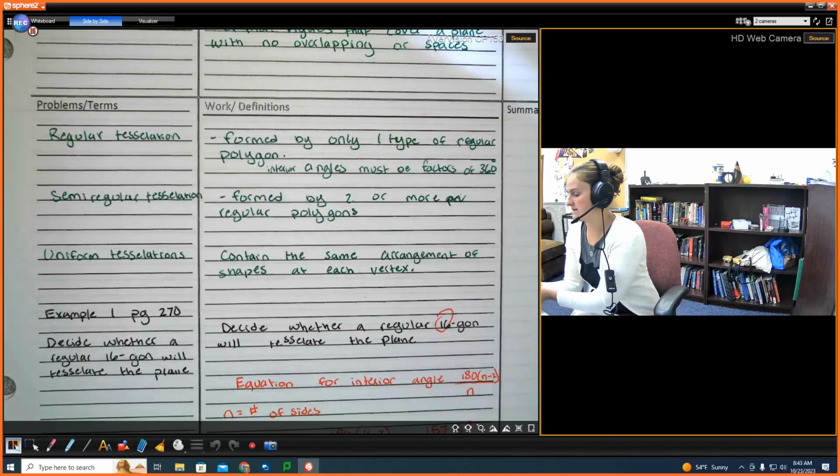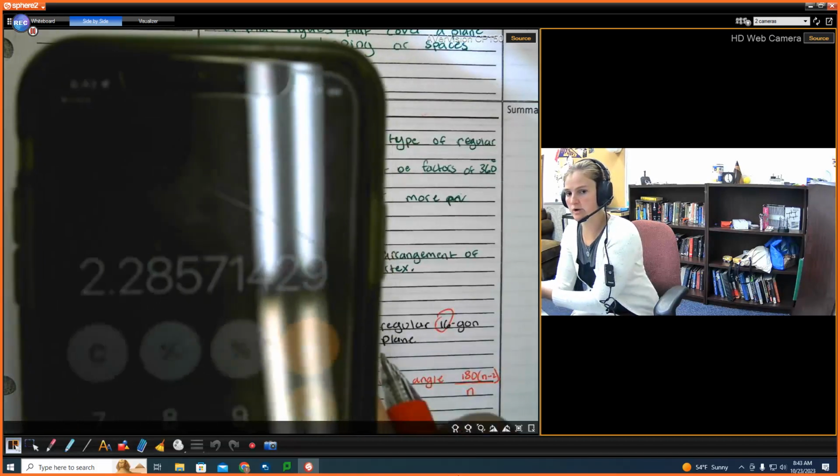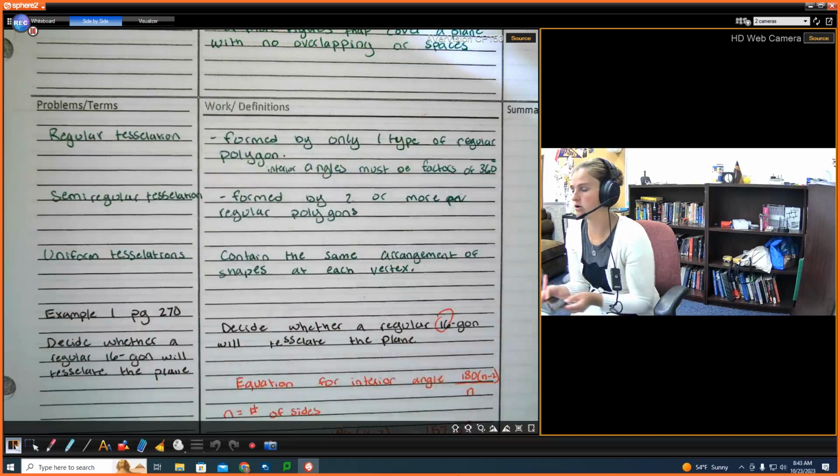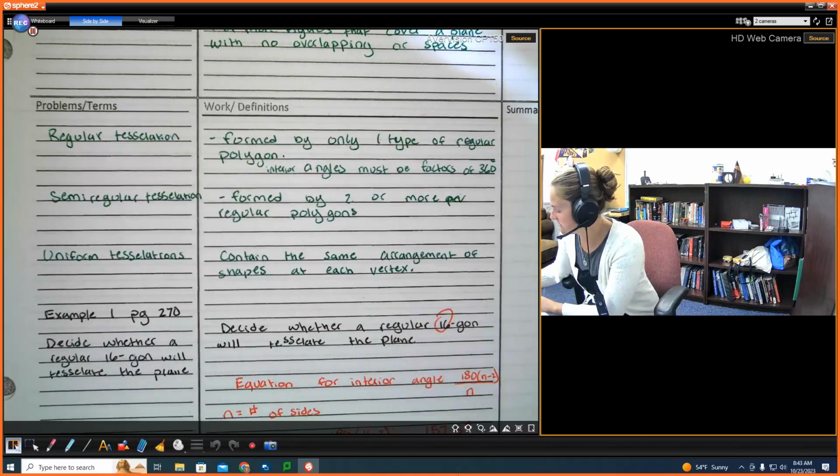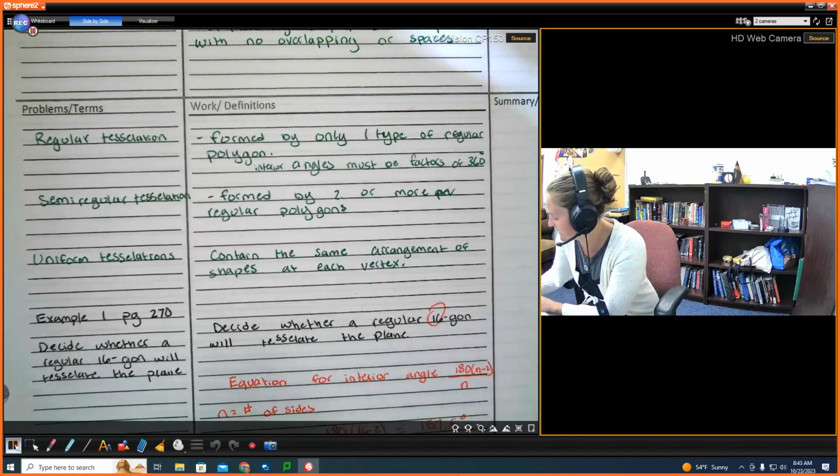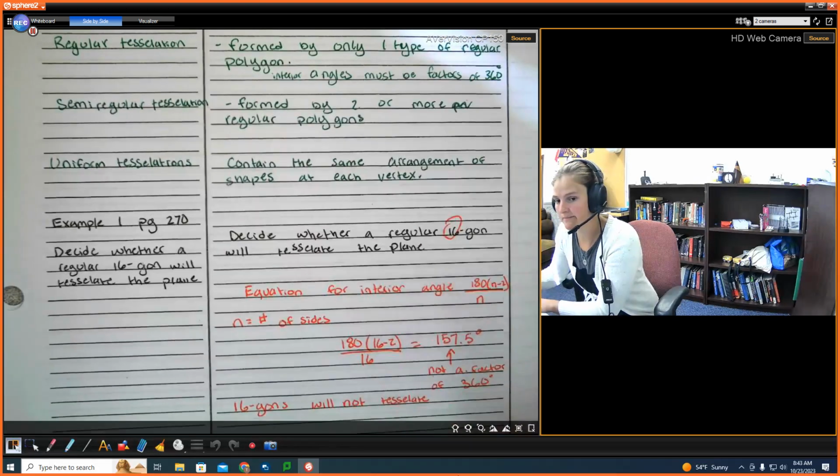And in our case, it comes out to 2.2857, so no. So this would not tessellate the plane.